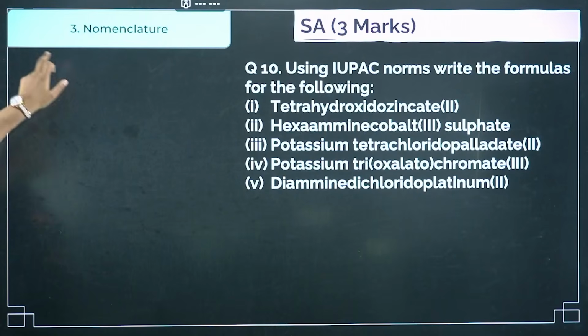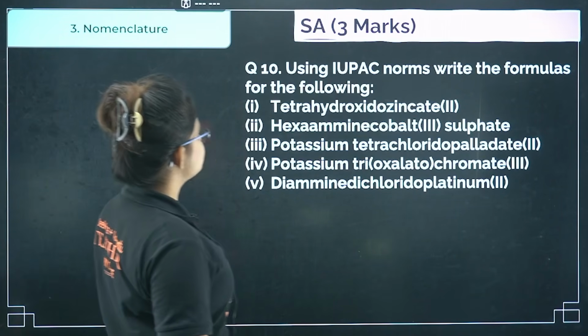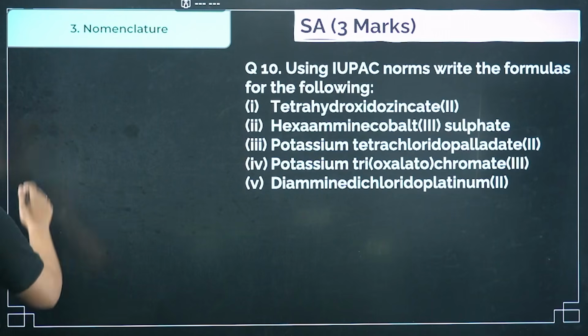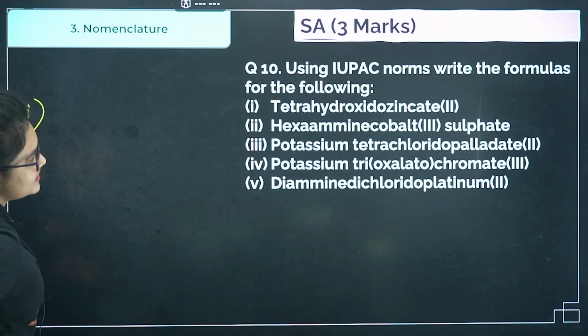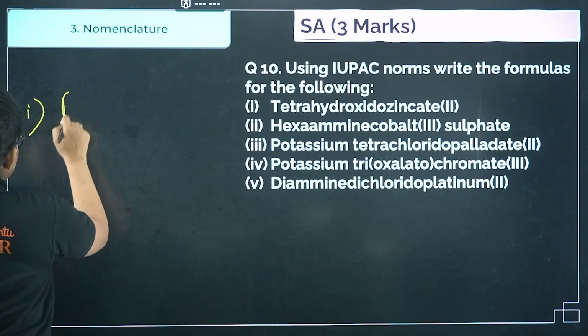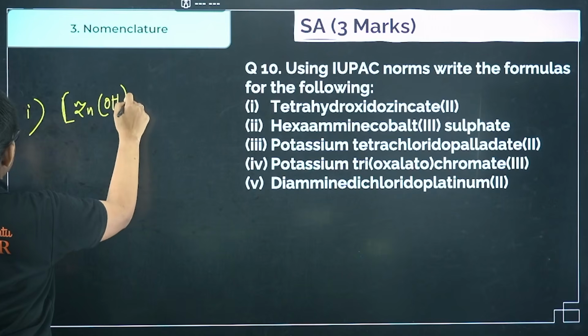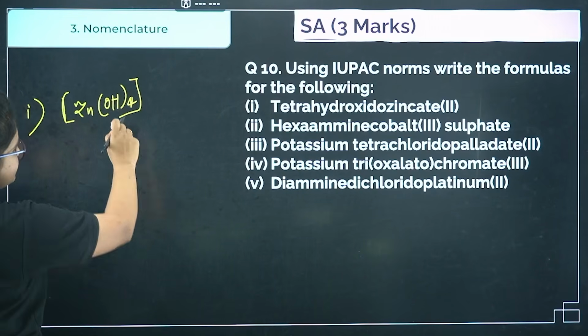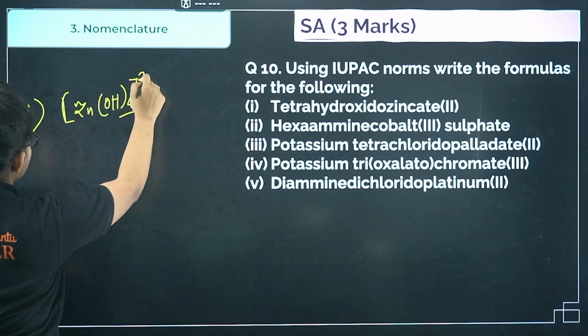Let's proceed. Using the IUPAC norms, write the formulas for the following. One by one we will write. First one, tetrahydroxidozincate(II). So Zn with OH whole 4. Zinc oxidation state must be +2, right? So here I will be having 2 minus.